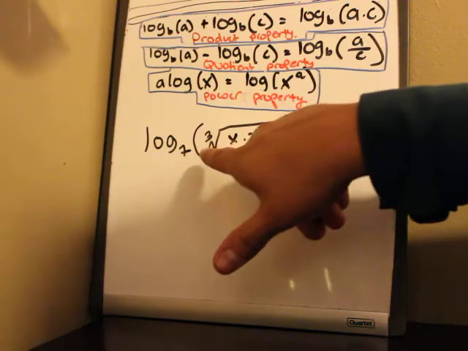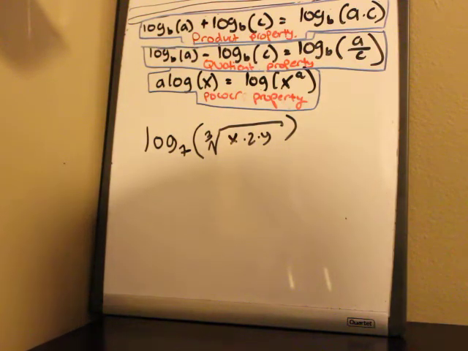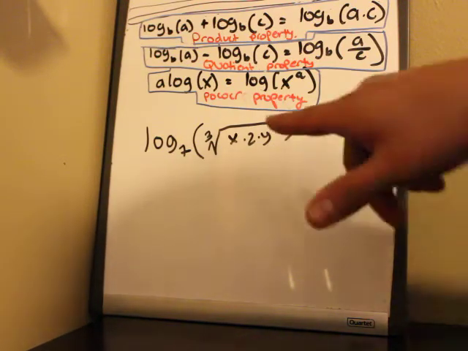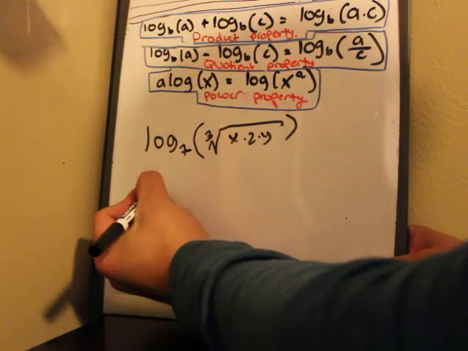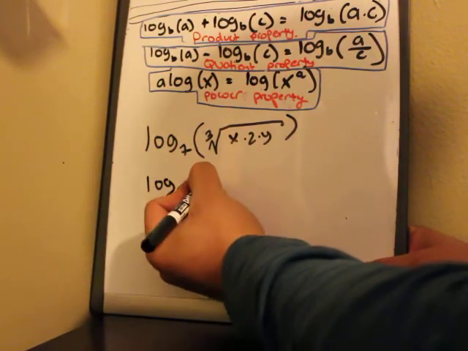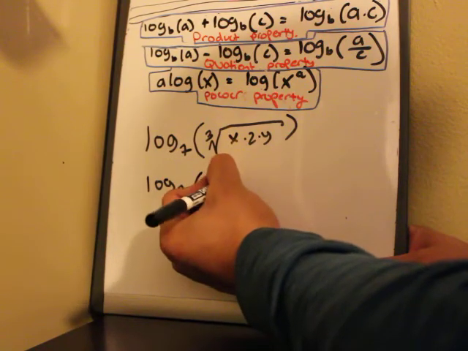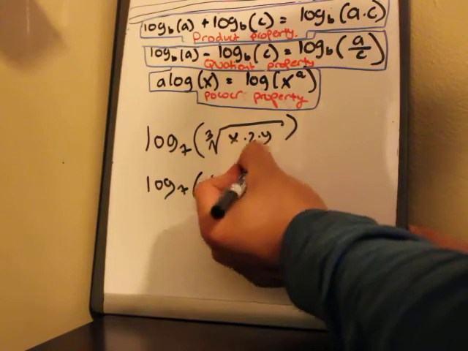Right now we see this cube root and it makes it hard to know what to do. So what I mean by converting is that I want to write it in its equivalent form. If you look at the video I just posted on inverse equations, I explain a little bit more on how to do that and why that's done. So we can rewrite this as log base 7, okay, of parentheses x times 2 times y to the power of 1/3.